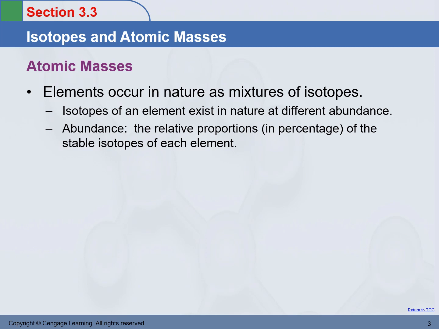For example, for carbon, we have carbon 12 and carbon 13. In nature, close to 99% of carbon is actually carbon 12, and close to 1% is carbon 13. So the 99% and 1% are the abundances of carbon 12 and carbon 13 in nature.